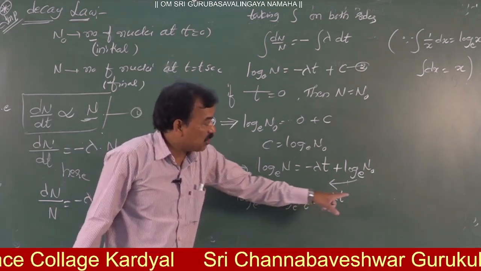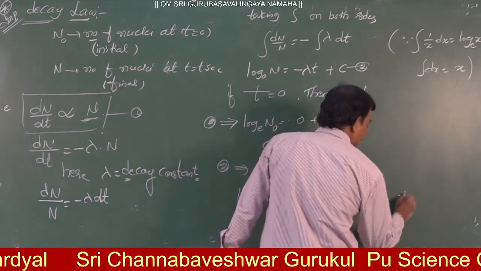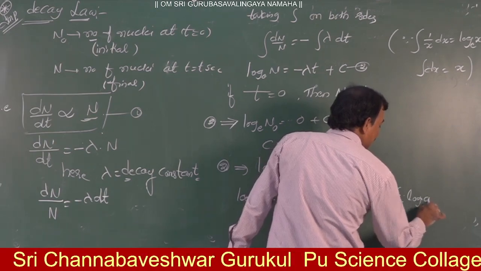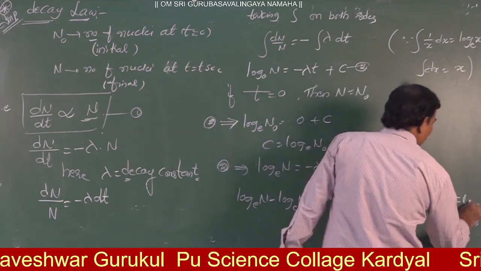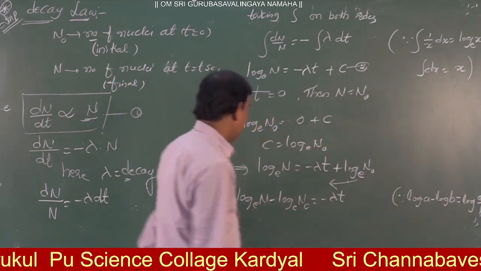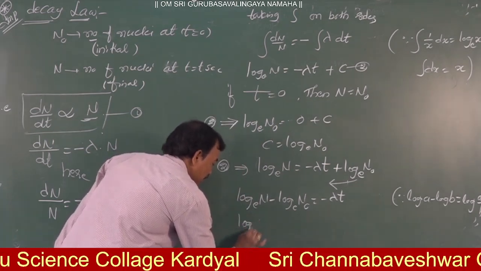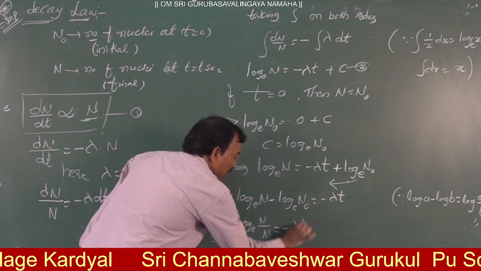If you have any doubt, please note this value also. Since log a minus log b is equal to log of a by b, same in this equation: log of N by N naught is equal to minus lambda t.